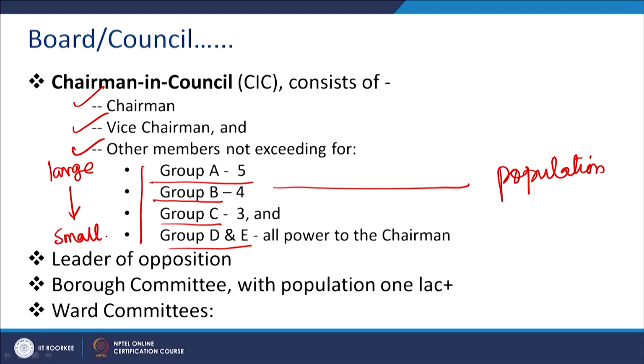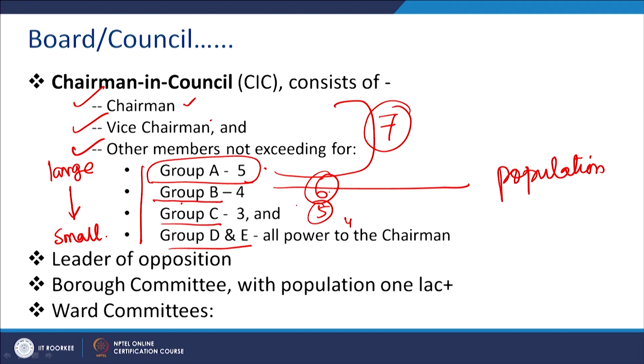So, if it is a large municipality like group A, apart from the chairman and vice chairman there will be 5 members, so that becomes a total of 7 members. For a municipality a little smaller than group A, it will be a total of 6 members, and if it is group C it will be 5 members. Similarly, for groups D and E it will be 4 members. So, this number will form the size of the chairman in council or the mayor in council.